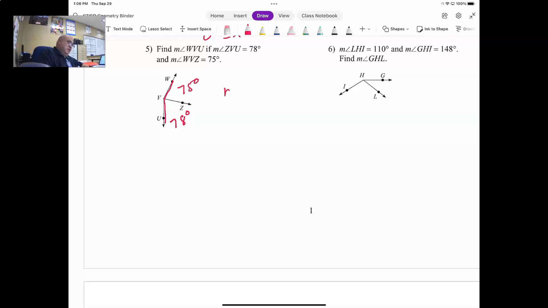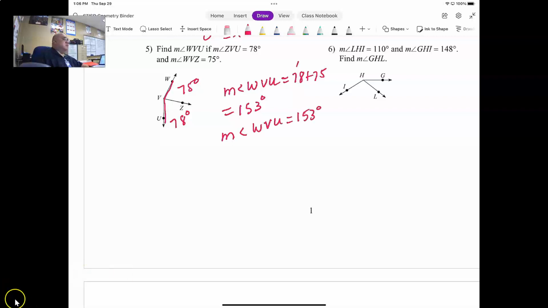So to find the measurement of angle WVU, you're going to have to add 78 plus 75, the two smaller angles. So 78 plus 75 gives you, we have 8 plus 5 is 13, 7 plus 7 is 14, so it's 153 degrees. So the measurement of angle WVU is the sum of the two smaller angles, which is 153 degrees.